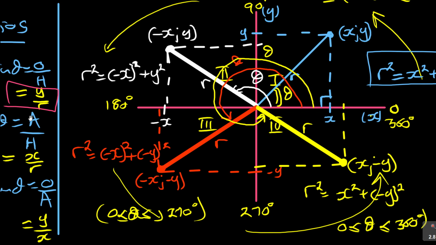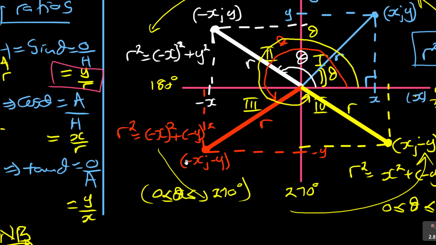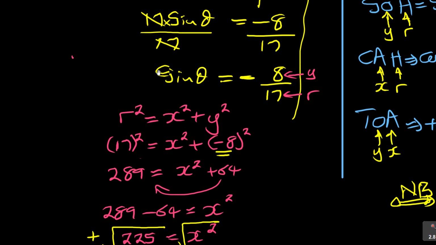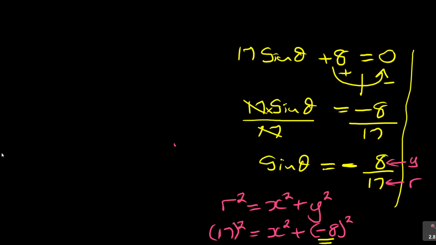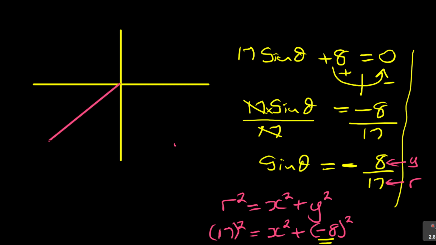So let me just remind you again of the third quadrant. It was minus x, minus y. So I'm going to sketch it here on the third quadrant, just a quick sketch, and then we had a line here like this, and here x is negative, so it's negative x, and here it's negative y.